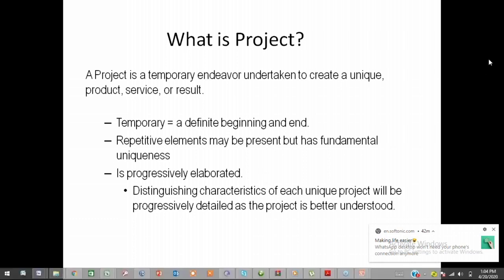We'll talk about progressive elaboration. My assignment number one: I want the class to explain in not less than 100 words what the word progressive elaboration means as it relates to project management. It shouldn't be one page, and you must not write exactly what is written here.